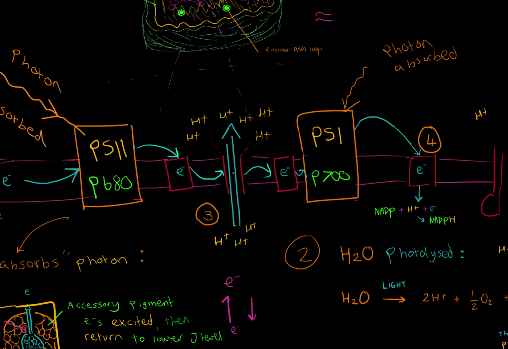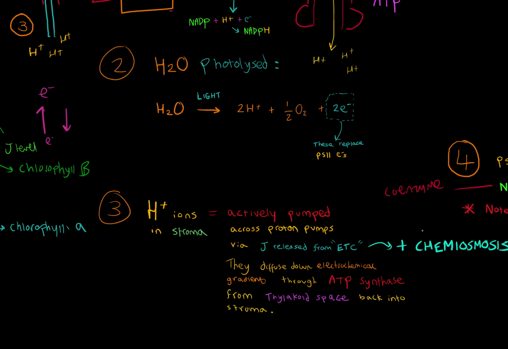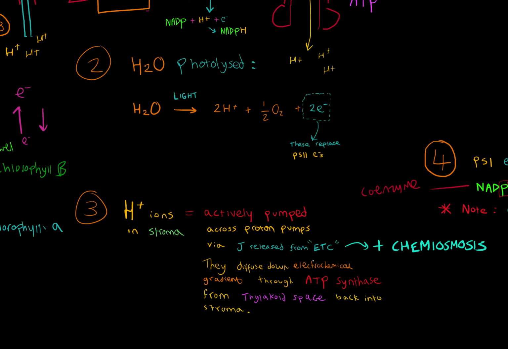The energy from here powers these proton pumps to actively transport H+ ions into this space up here. Now because there are so many hydrogen ions up here, packed in one tiny space, and there's relatively few down here, what we establish is called an electrochemical gradient. So I've shown that here.